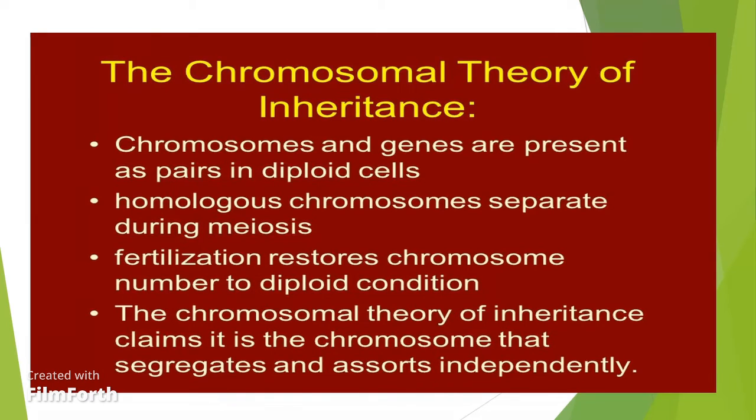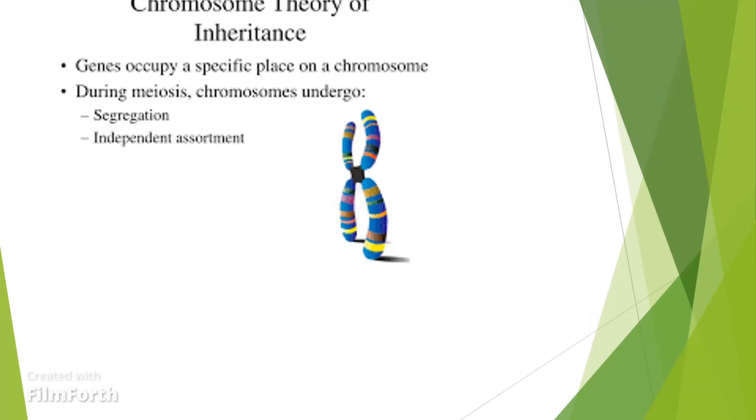Chromosomal theory of inheritance was proposed by Sutton and Boveri, and it says that chromosomes and genes are present in pairs in diploid cells. The homologous chromosomes separate during meiosis, and fertilization restores the chromosome number of the diploid organism. So what is the chromosomal theory? Chromosomal theory states that the chromosomes segregate and assort independently.